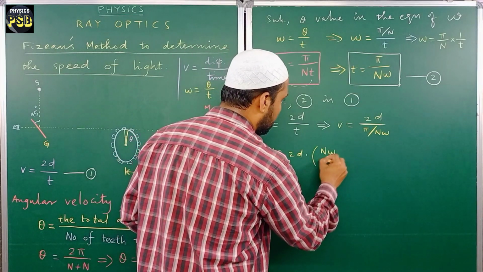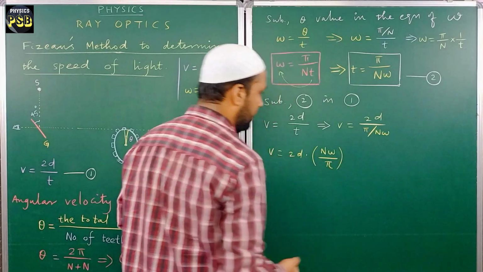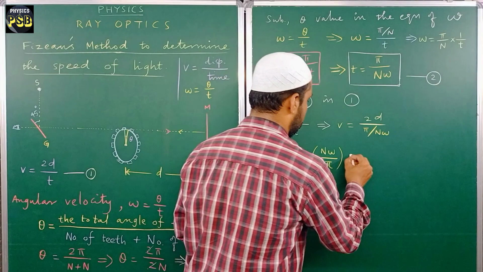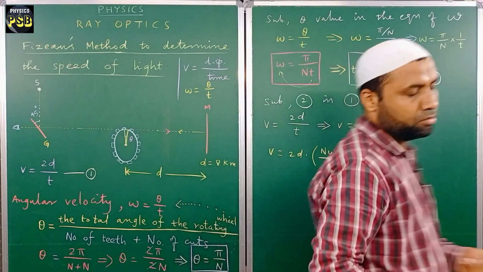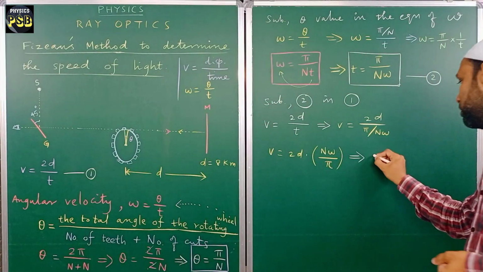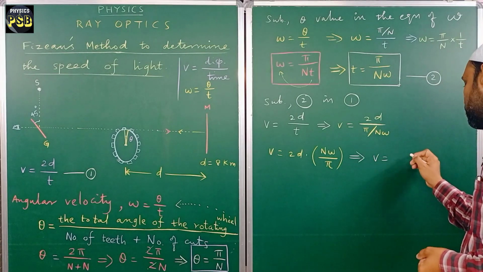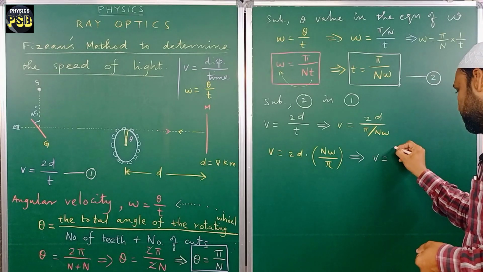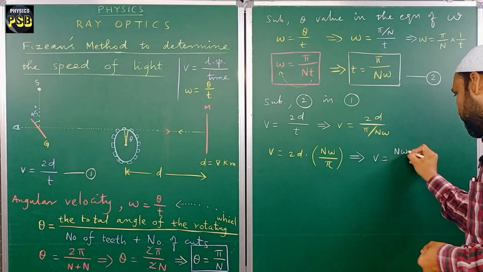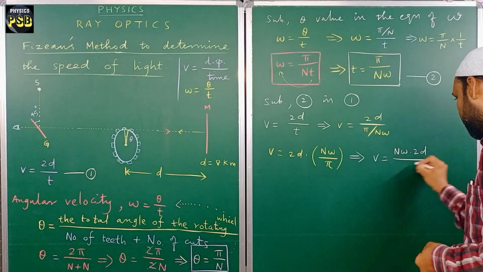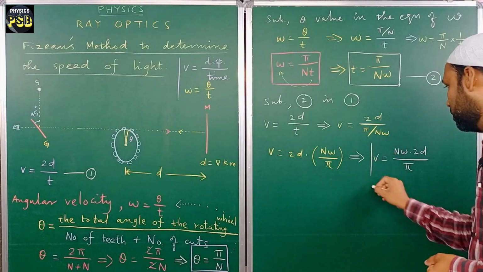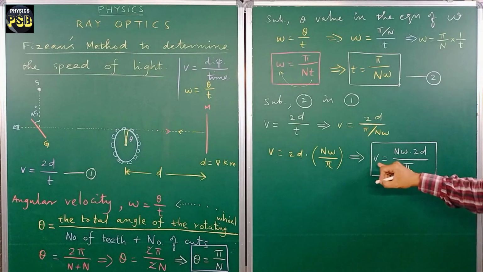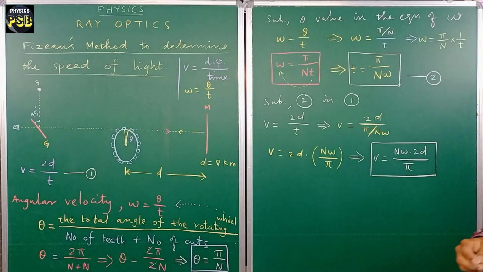It becomes n omega divided by pi. Rearranging, we get n omega 2d upon pi. This is the final expression I get, which represents the velocity of light in air.